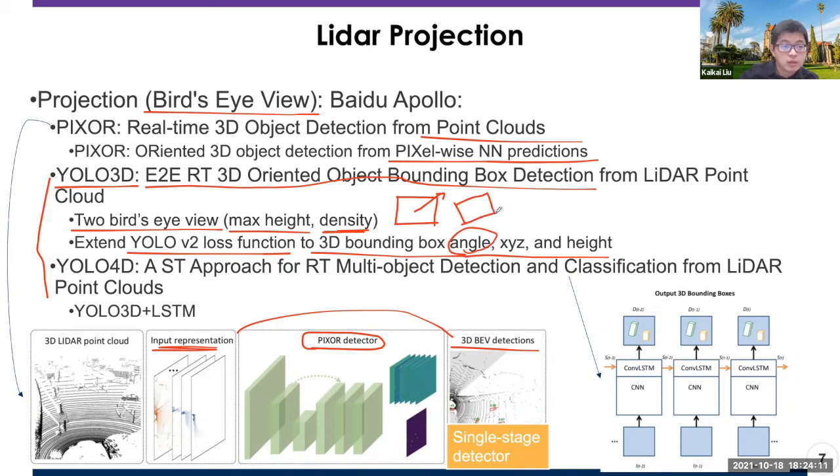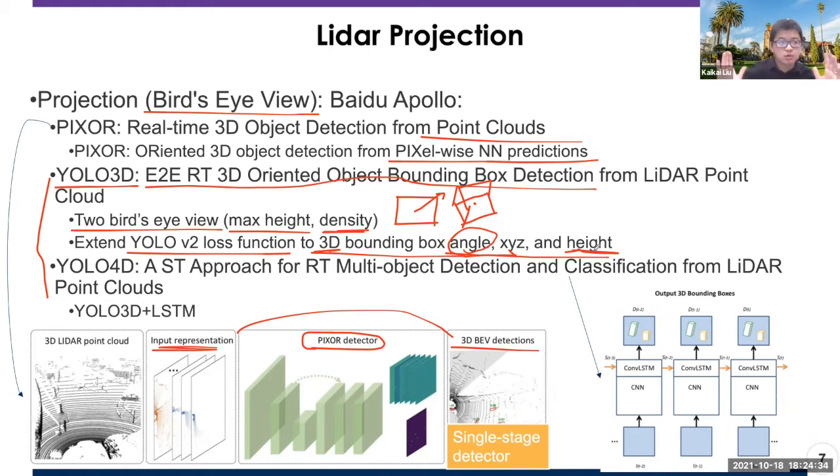But for a 3D detector, you definitely need alignment. That's why you need the angle, XYZ, and the height. This is the minimum requirement for a 3D bounding box.